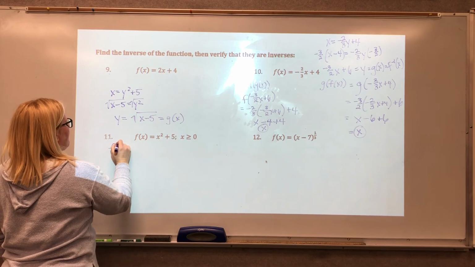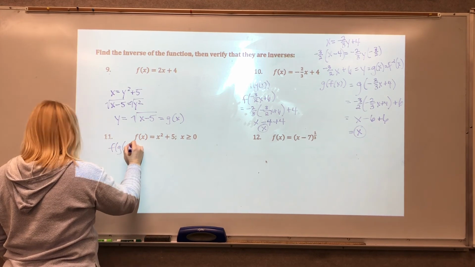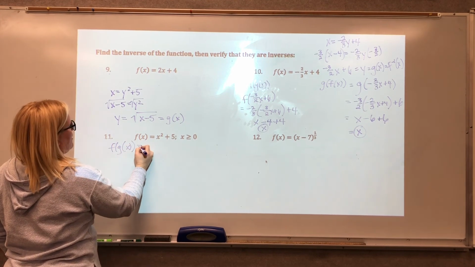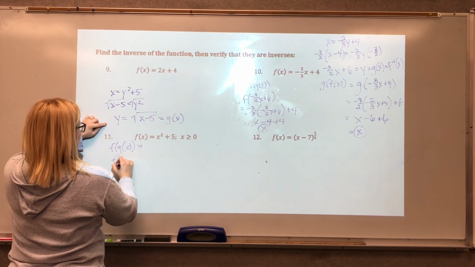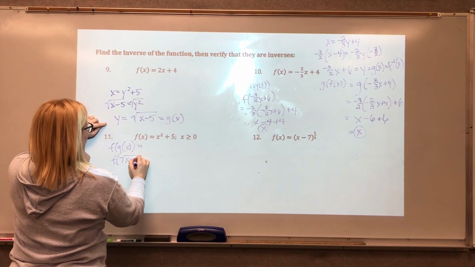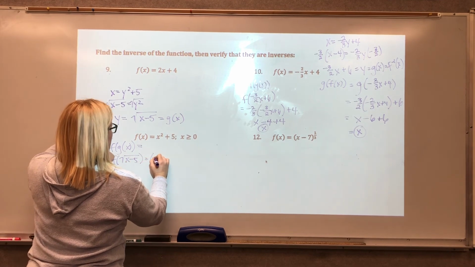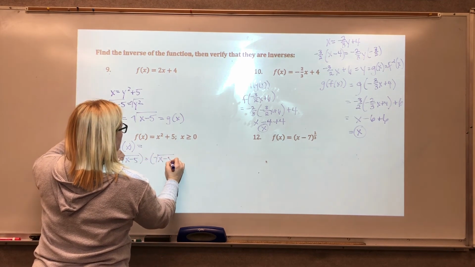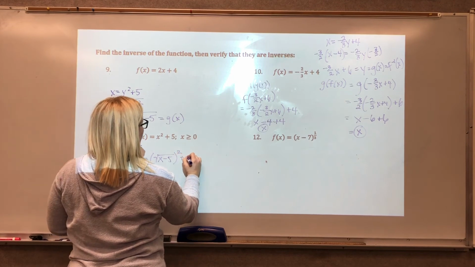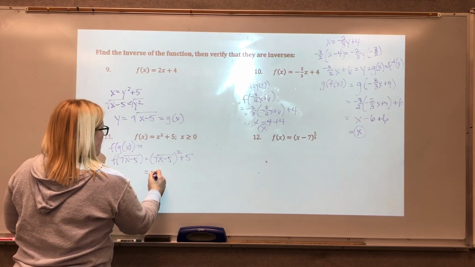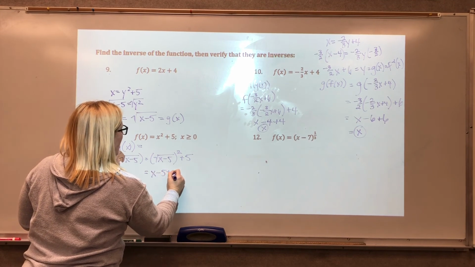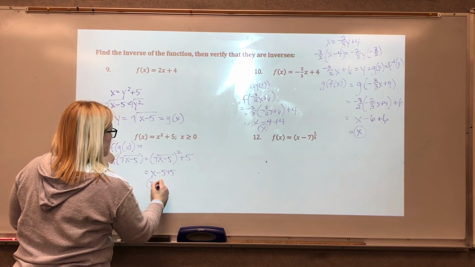So now f of g of x is f of the square root of x minus 5, which is the square root of x minus 5 squared plus 5. This gives me x minus 5 plus 5, which is x.